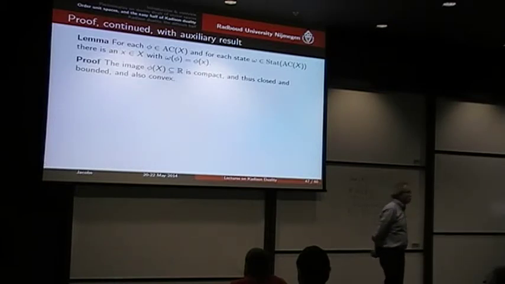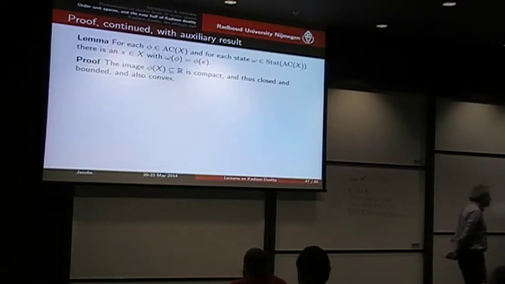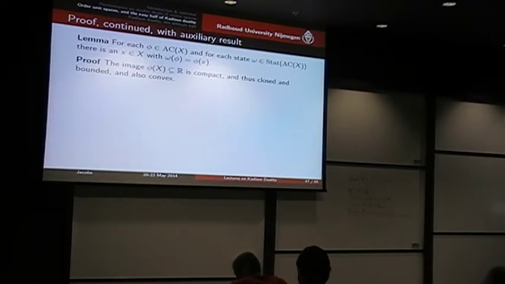The image of phi in the real numbers is compact, so bounded and closed, but it's also convex. So X is a convex space, so the image is also convex. Now think for yourself, what is a bounded, closed subset which is also convex?